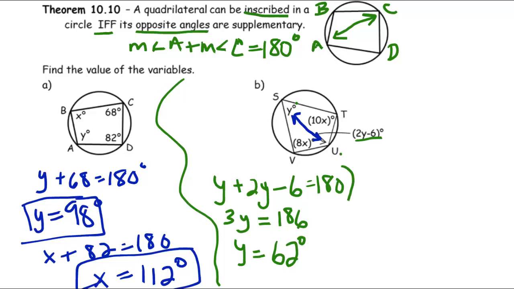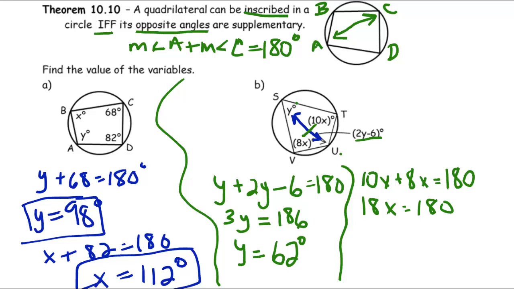Now let's find x. Now opposite angles, supplementary, right? 10x plus 8x equals 180. So we get 18x equals 180 degrees, and again, when we solve for x now, we're going to get 10.